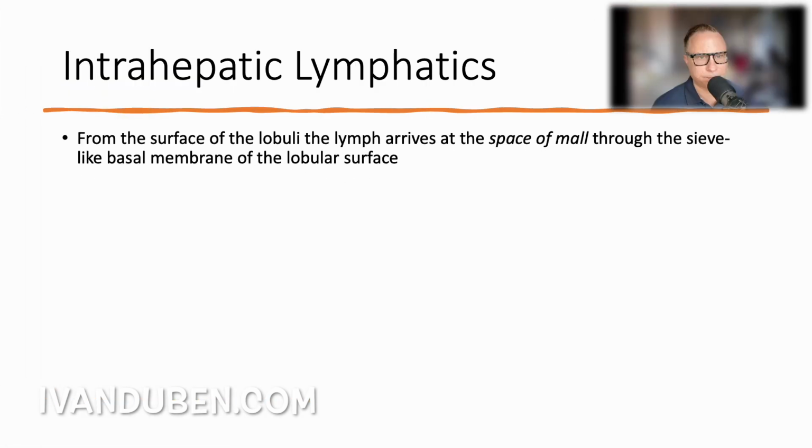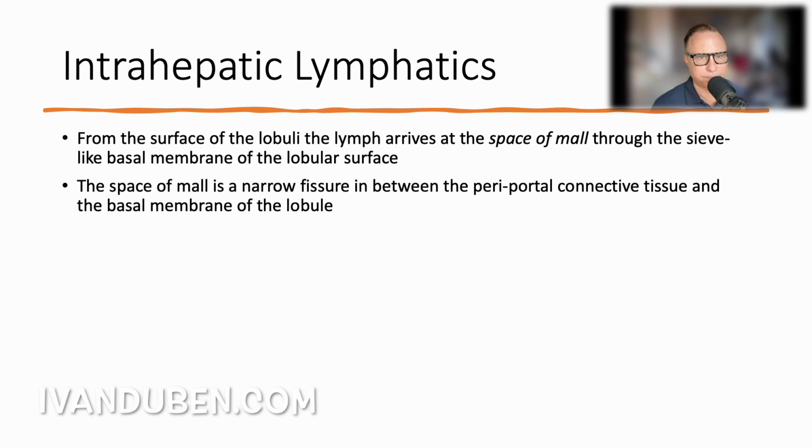From the surface of the lobuli, the lymph arrives at the spaces of Mall through the sieve-like basal membrane of the lobular surface. The space of Mall is a narrow fissure in between the periportal connective tissue and the basal membrane of the lobule.